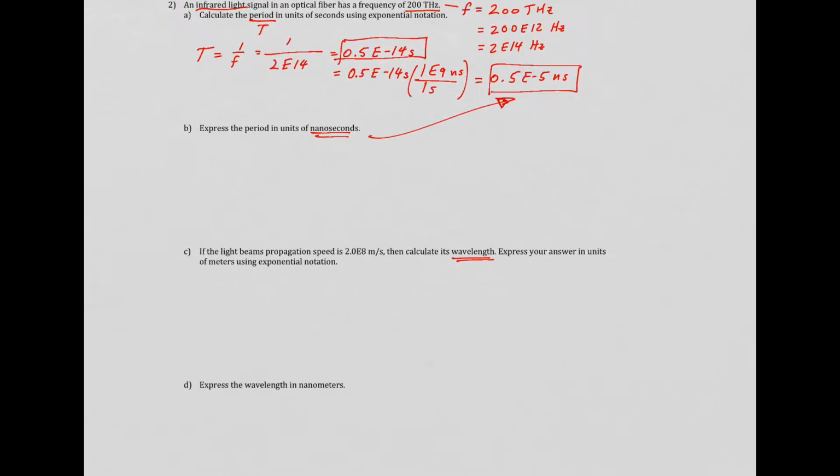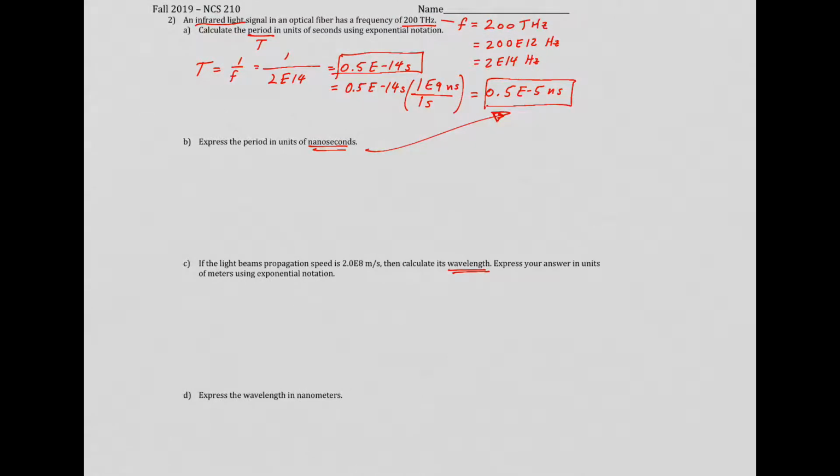Okay, so now I've asked you for wavelength. And I know from my experience in the industry, and I covered this just a little bit, let me remind you of the electromagnetic spectrum. We have visible light, which ranges in wavelength, lambda, from about 400 to about 700 nanometers.